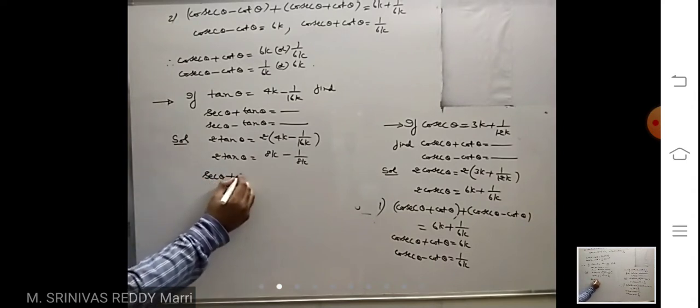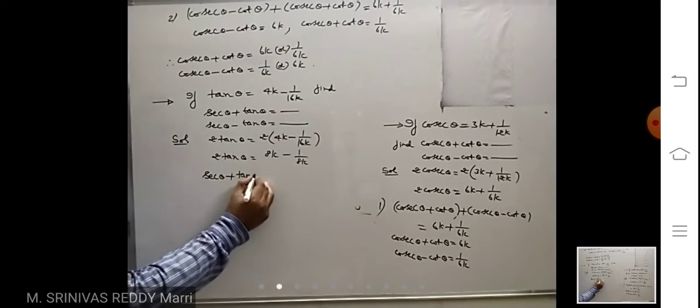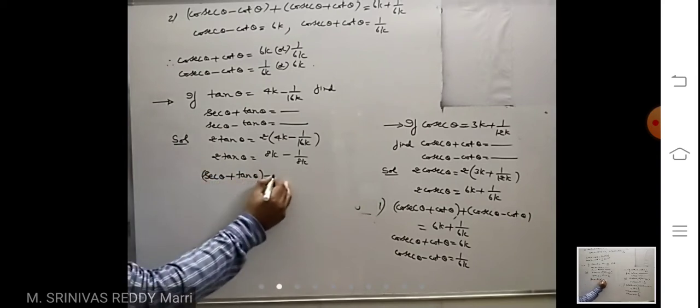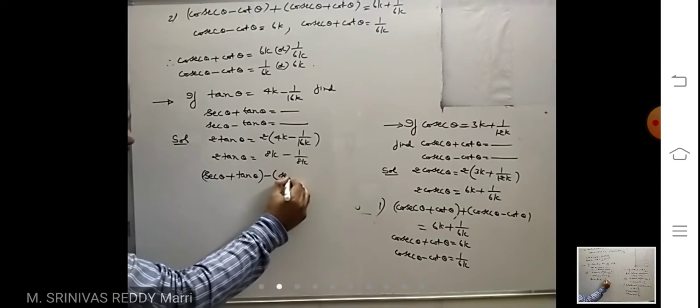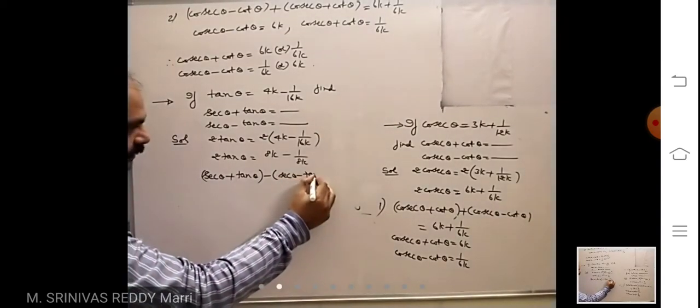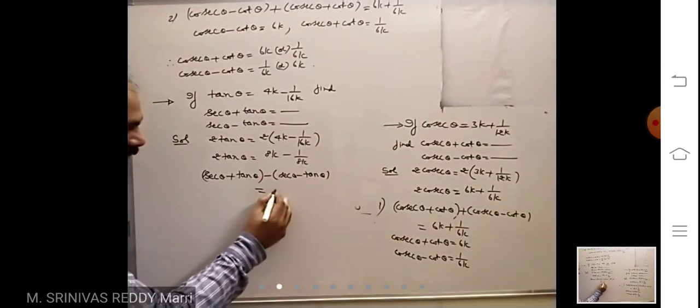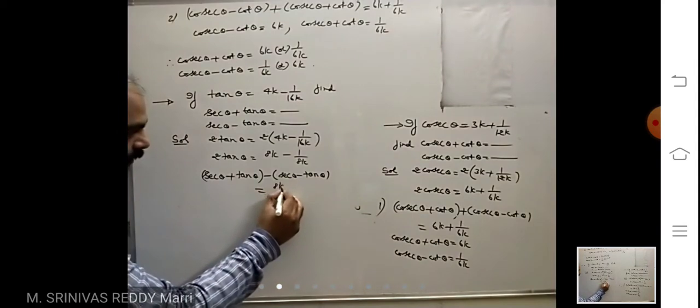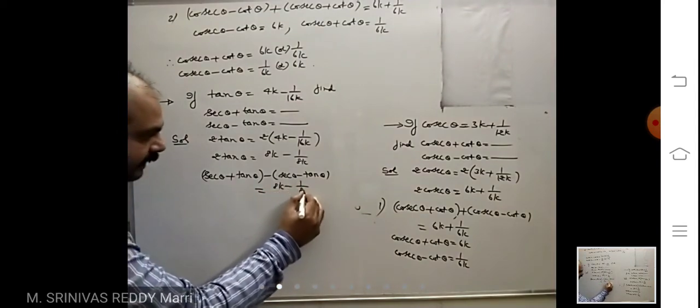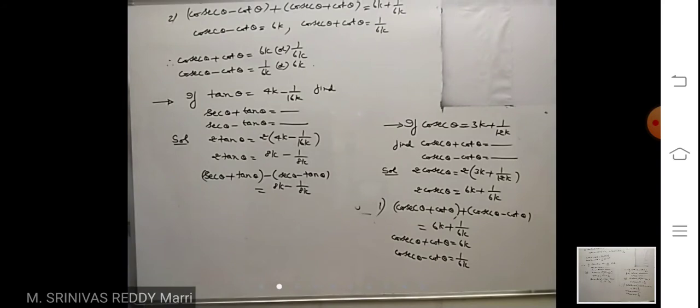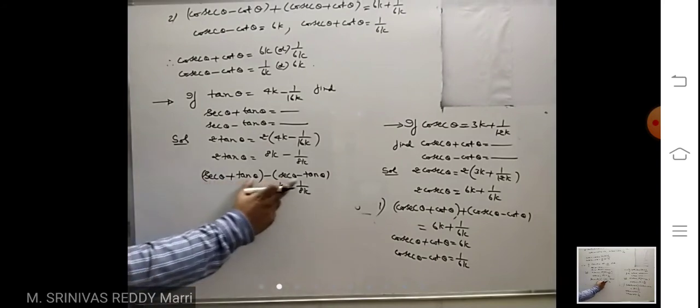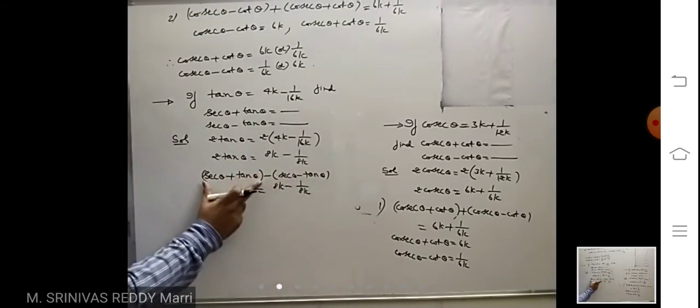Pick up the relation secant and tan. Secant theta plus tan theta minus secant theta minus tan theta. Only I can write like this. So 8k minus 1 by 8k. Look at this minus this. These both are reciprocals only.